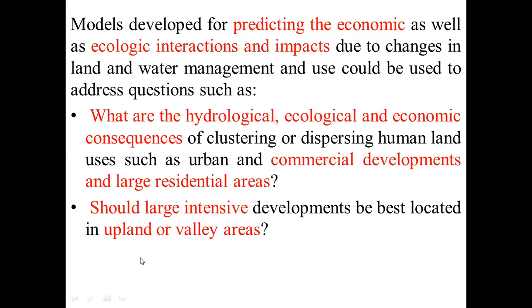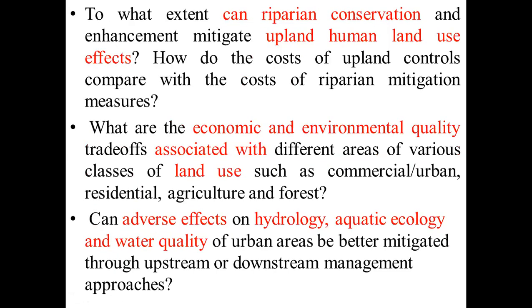Then if you're using both land and water, where should the large intensive developments be located? Whatever you're going to develop, commercial or residential areas, should they be in upland or valley areas? In what place are you going to develop, because the topography is different. And how to conserve land and how to conserve water, and to what extent you can practice riparian conservation.